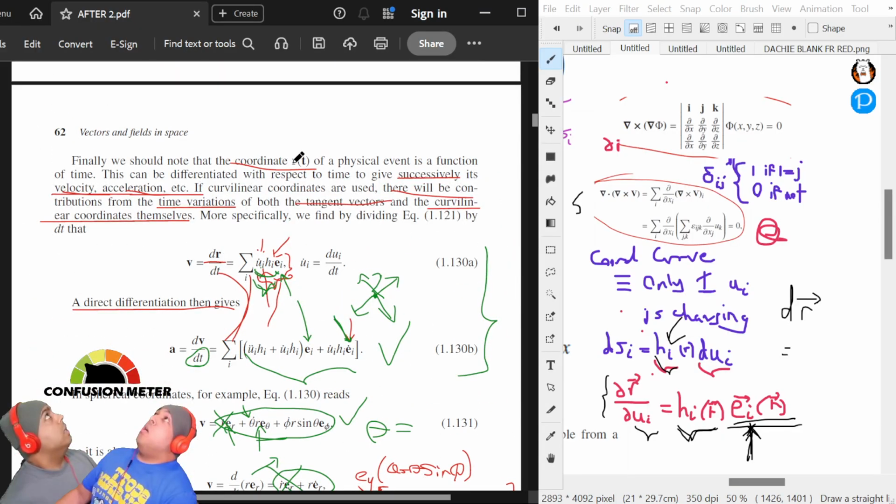Finally, we should know that the coordinate r(t) of a physical event is a function of time. This can be differentiated with respect to time to give velocity and acceleration.